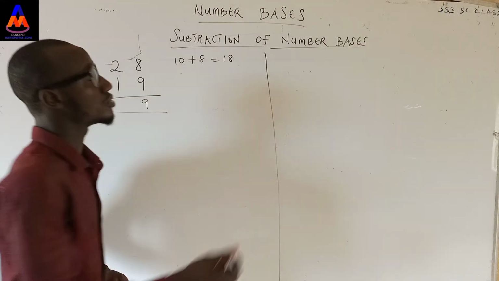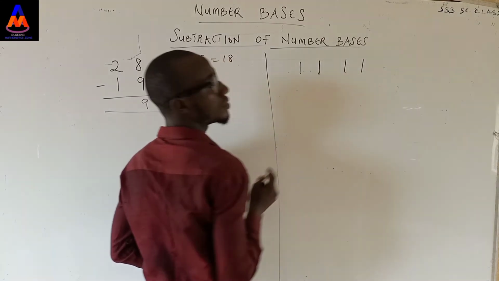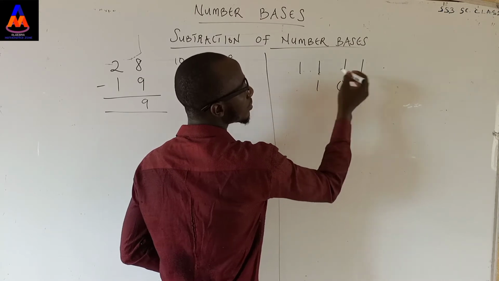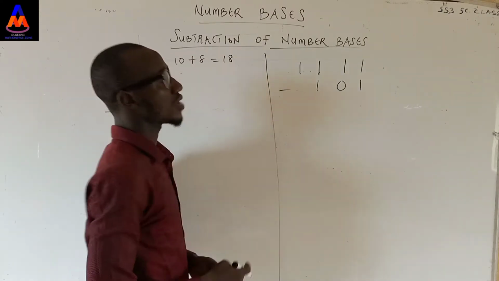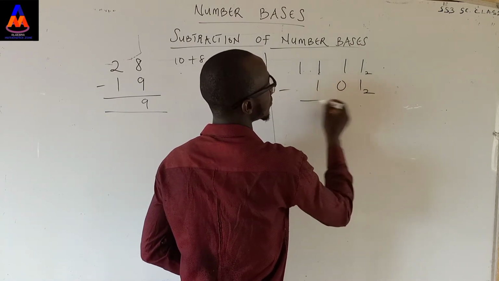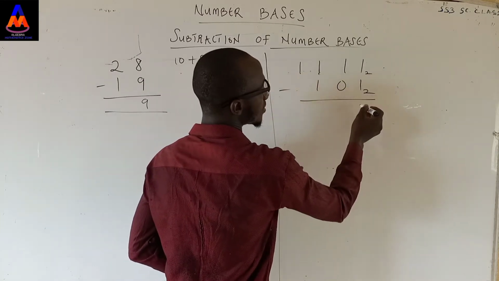Let's give another example: 1111 minus 101. Let's assume we have this type of thing, and this is in base 2. It's a very simple example we are giving here. This is 1 minus 1, 0.